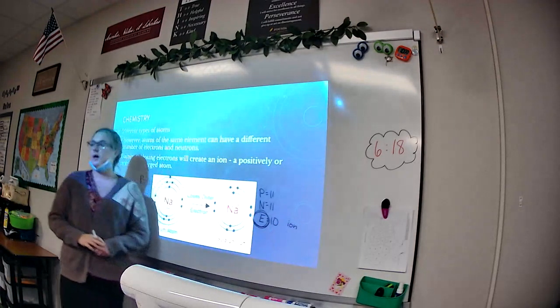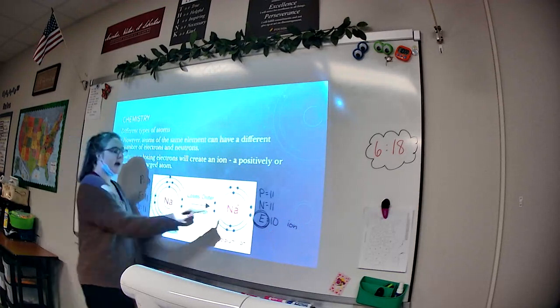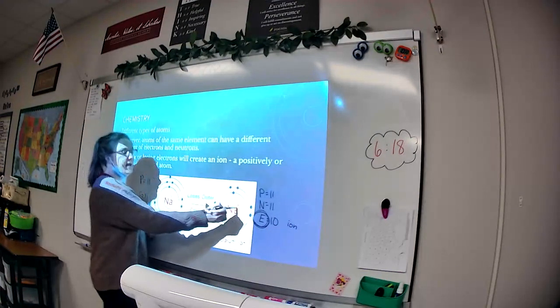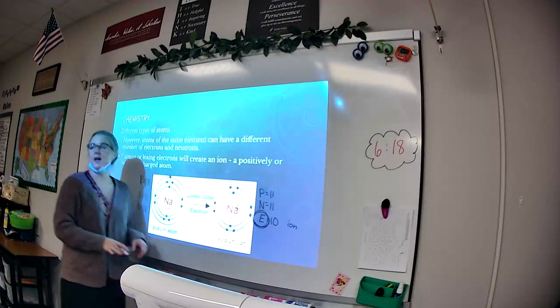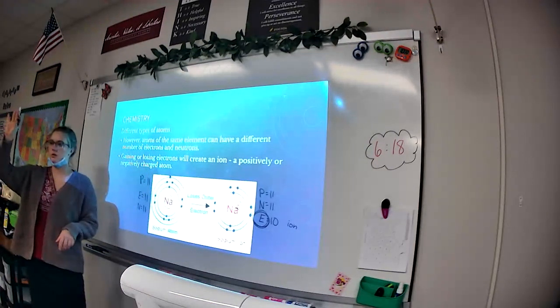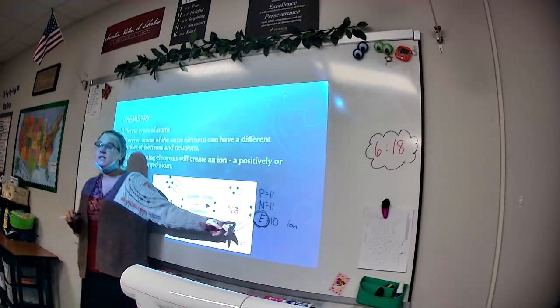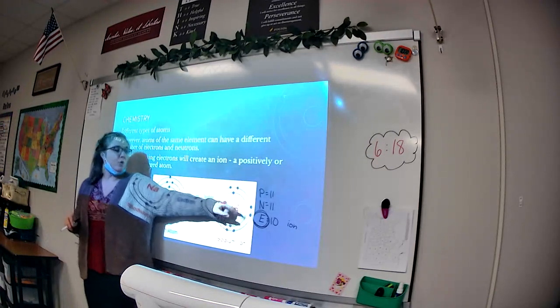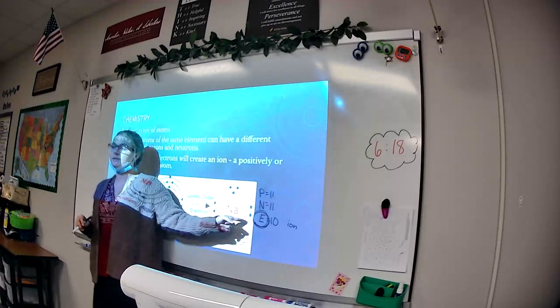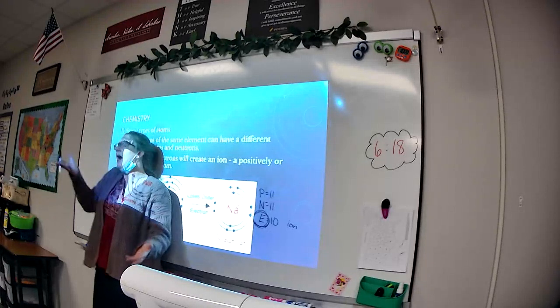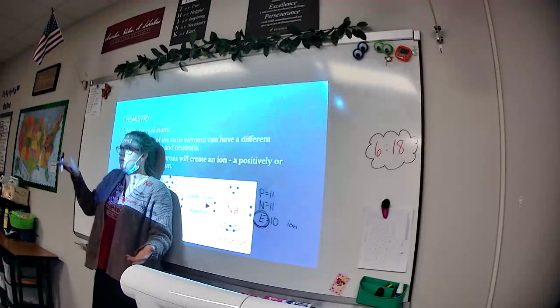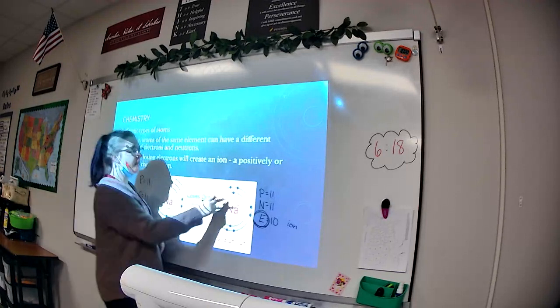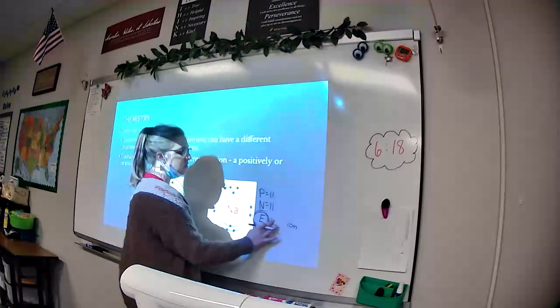We represent that by having the symbol of the element and either a plus or a minus sign up at the top right corner. This is positive because there are more positives than there are negatives. So the whole atom carries a positive charge. What if, instead of having 10 electrons, it had 12 electrons?